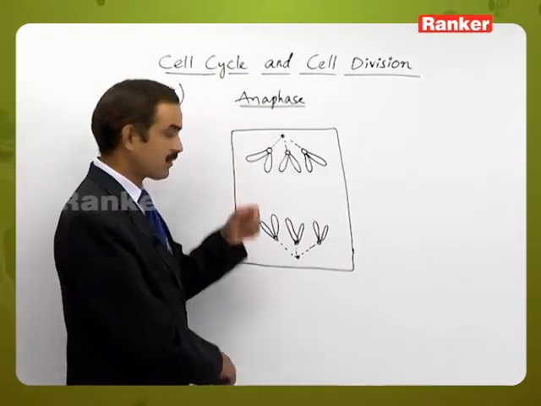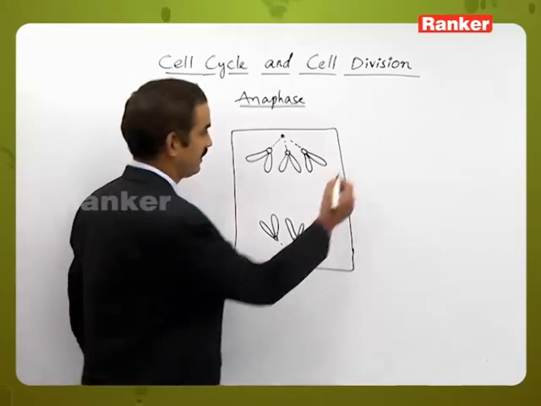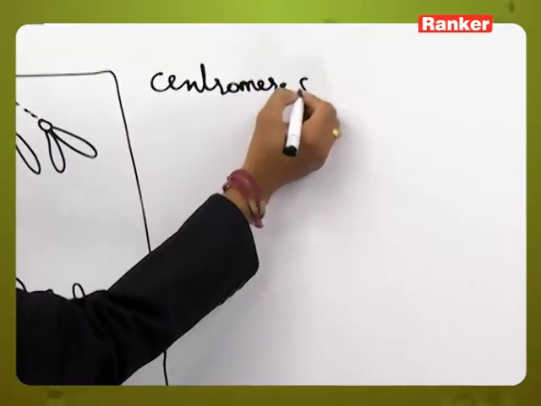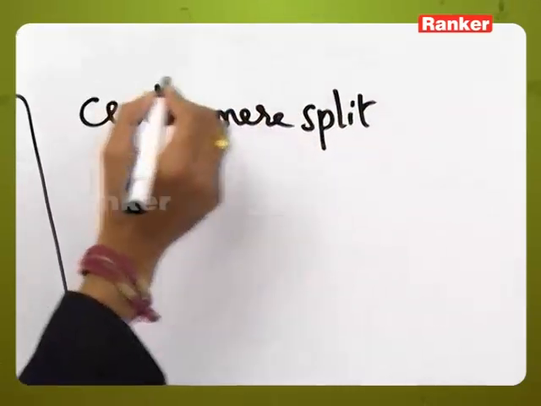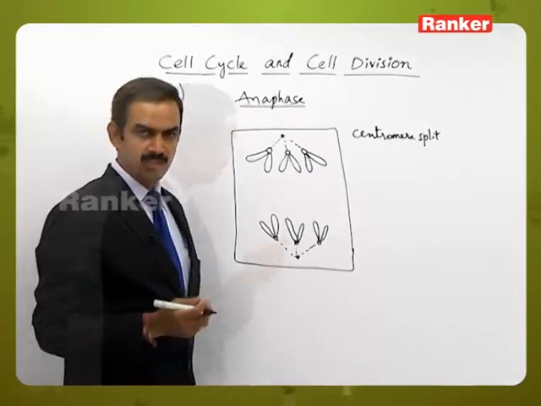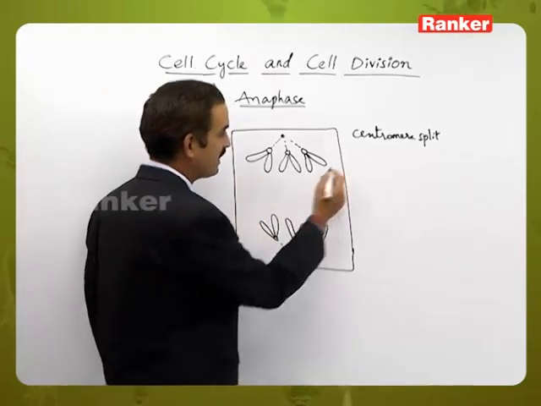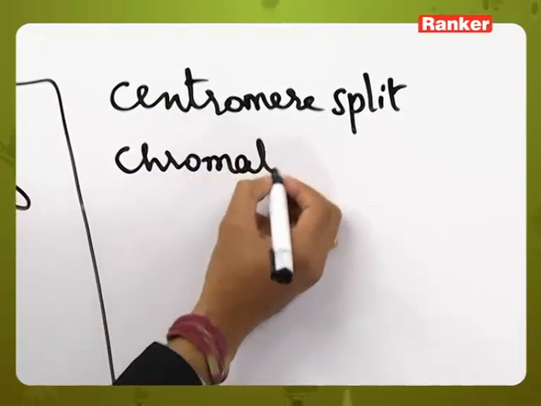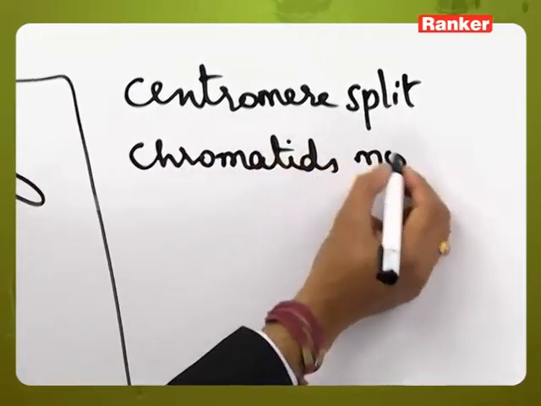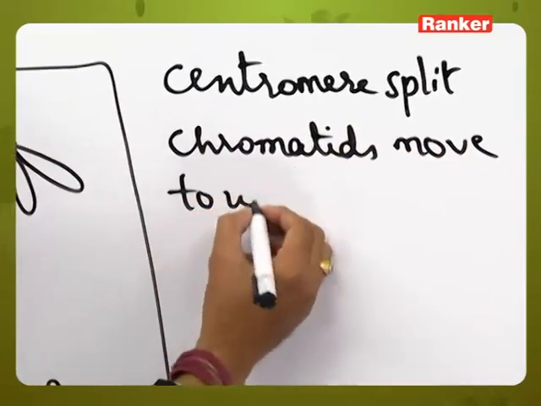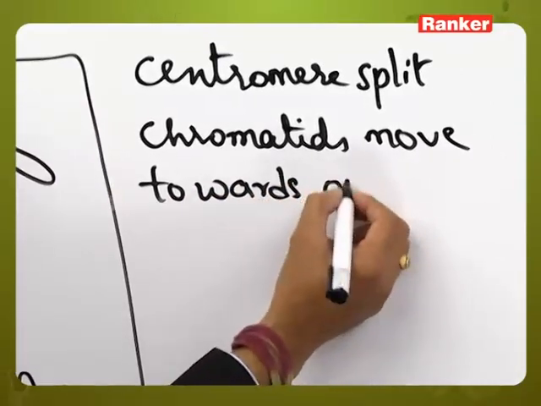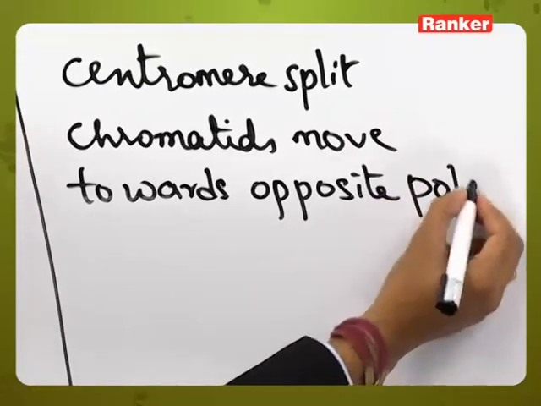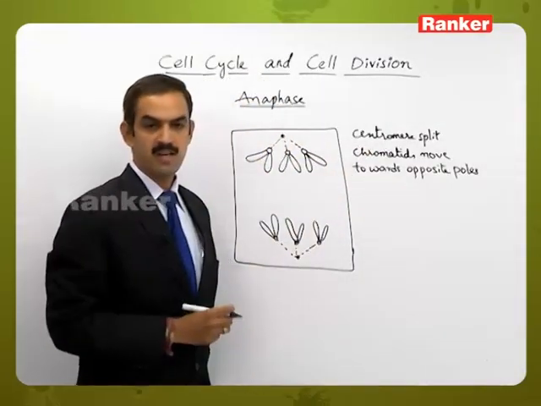So, as the centromere splits during the anaphase, after splitting, the separated chromatids will move towards the opposite poles due to the contraction of the spindle fibers.